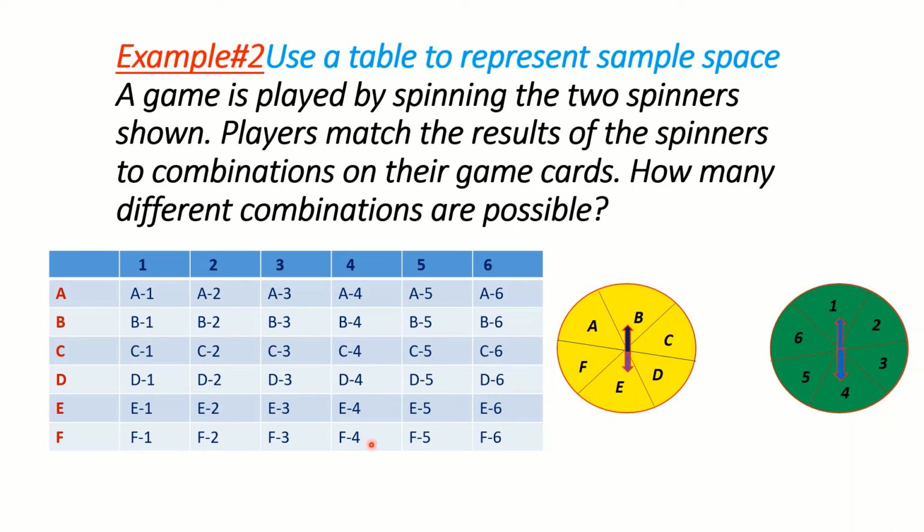It will give you 36. The table is 6 by 6, so there are 36 possible outcomes when you are spinning a spinner of the letters from A to F, and another spinner from 1 to 6. You will have 36 possible outcomes.